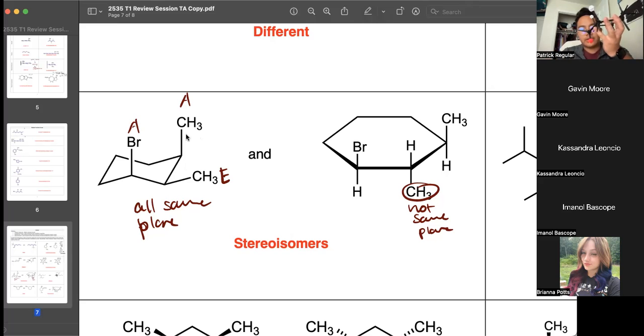So the left side has our 2 top halves, CH3 and Br, axial. However, the CH3 that we denoted is also axial, but it's denoted as equatorial here. So they are stereoisomers, because the one difference of it being there instead of here makes them different structures. Same connectivity, they're just stereoisomers of each other.